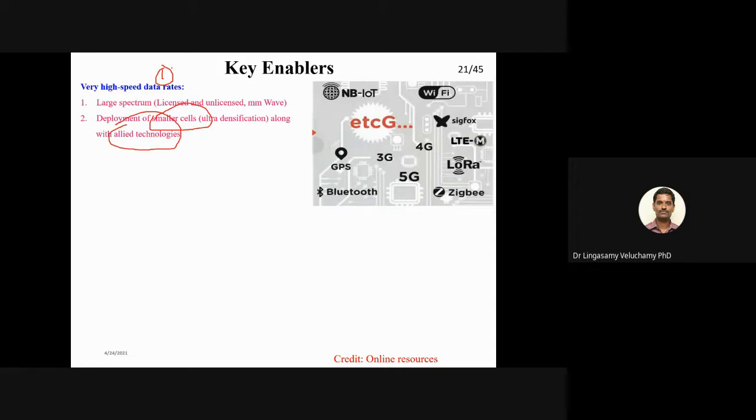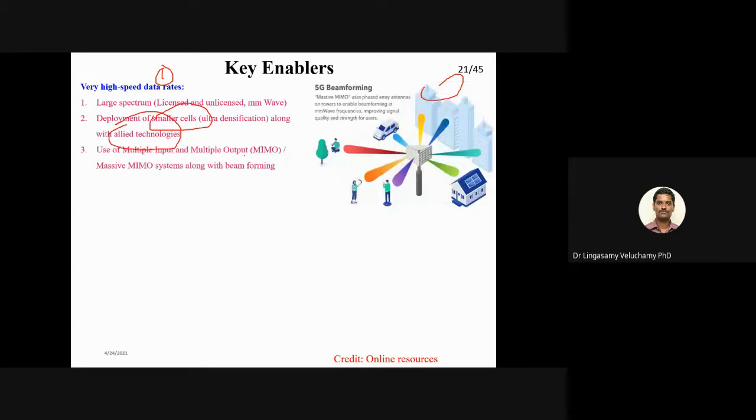The call is handed over to the Wi-Fi network so that your call is not interrupted, and you get a very good experience. That is where narrowband IoT, Wi-Fi, Zigbee, Sigfox, LoRa, and many more technologies are coming together. Therefore, we are getting very high speed data rates, reliable communications, and anytime connectivity.